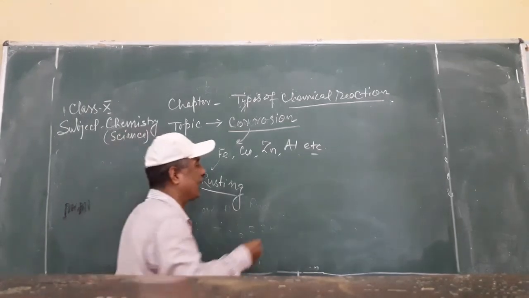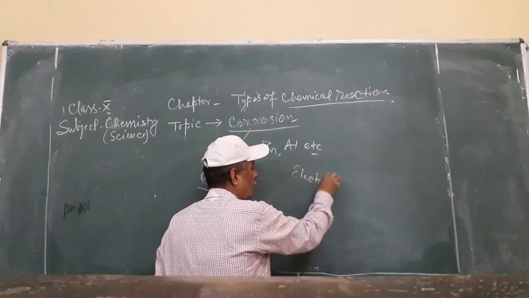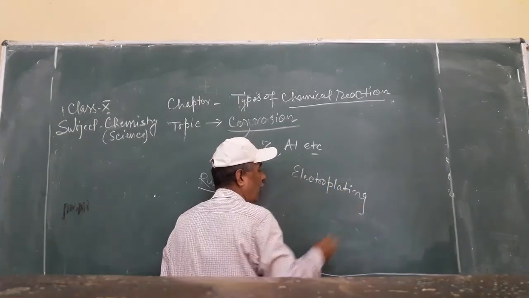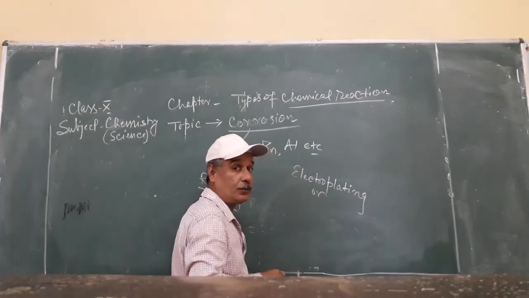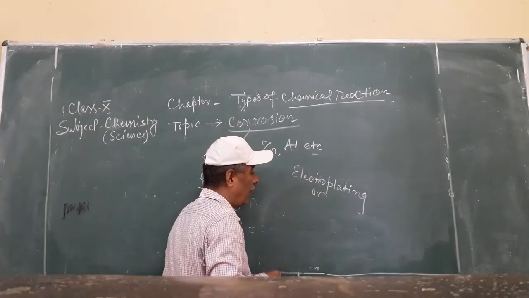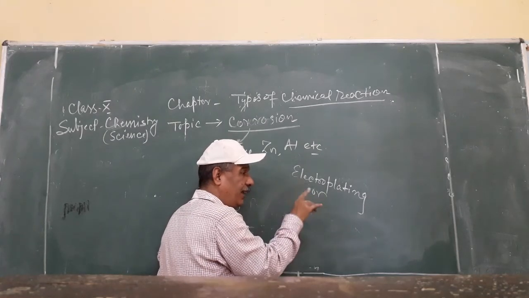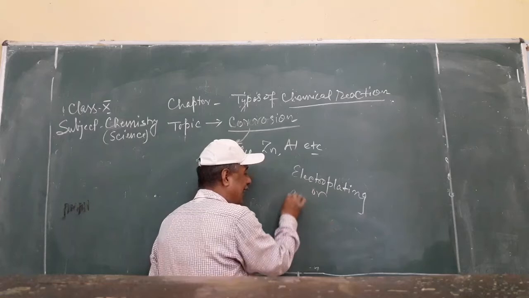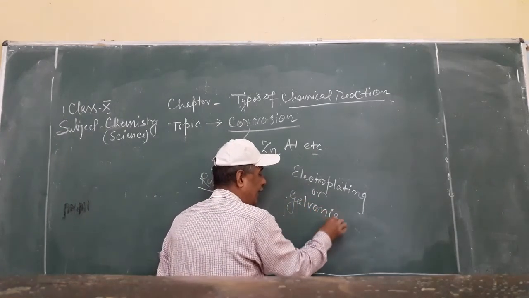It is called electroplating. And when this electroplating is done on iron with the help of zinc, that is called galvanization.